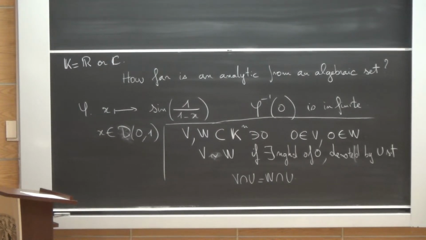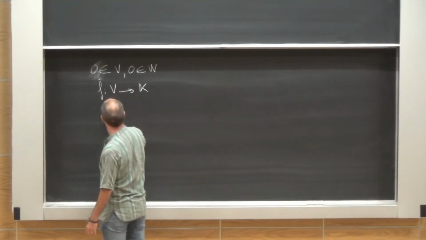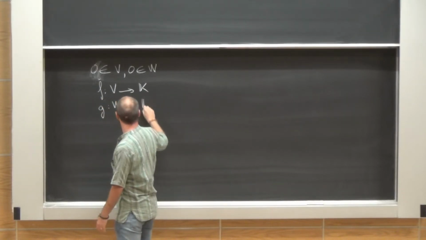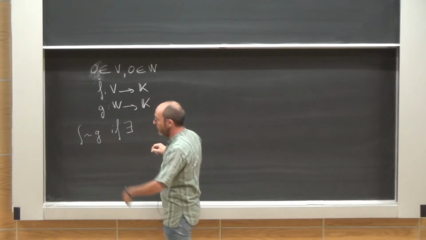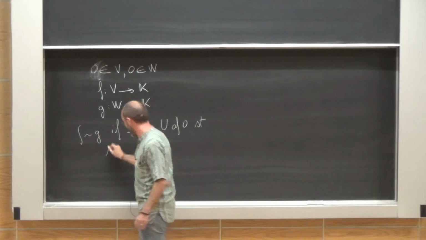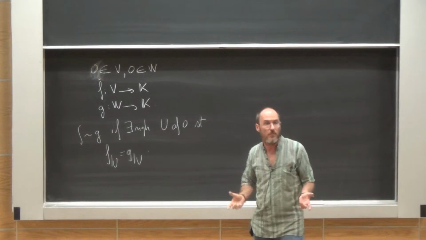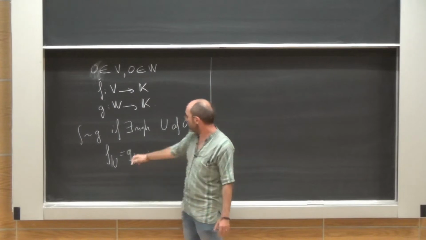I take two sets, like before, V and W, containing the origin, and I pick two functions, f from V to K, and g from W to K. And I say that these functions are equivalent if there exists, as before, a neighborhood U of 0 such that f restricted to U is equal to g restricted to U. As before, the functions cannot be the same, but locally they're the same. Okay? And such an equivalence class is a germ of function.